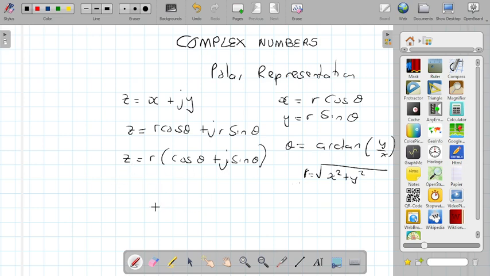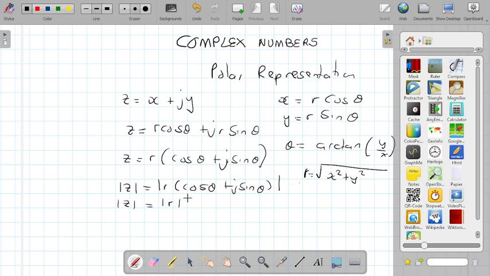Now, let's talk about absolute values. Let's take the absolute value of what we have here. So the absolute value of z is the absolute value of r multiplied by cosine of theta plus j sine of theta. Now, the absolute value of a product is the product of the absolute values of the individual parts.